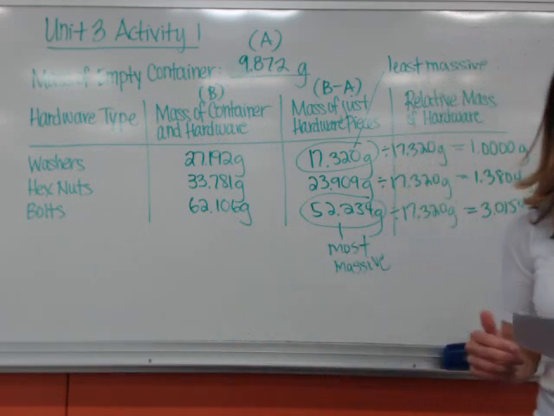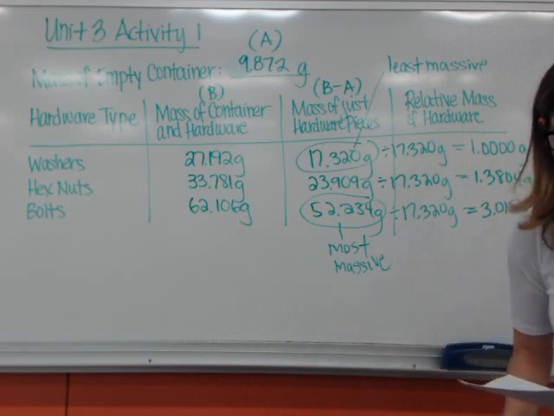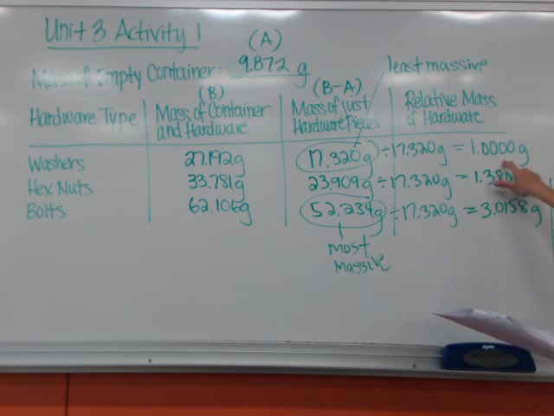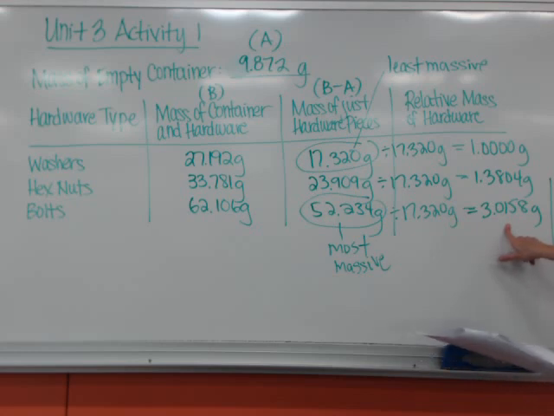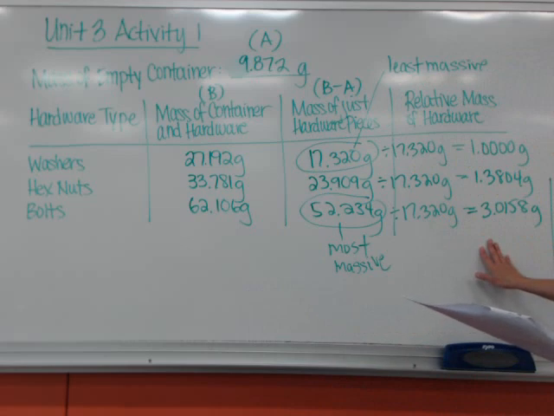But if I get a kilogram of each piece of hardware in a bag, I'm not going to have the same number. So it means I will inevitably run out before I can use everything. So what will likely happen is you will have more washers in a kilogram than you will bolts. So you will run out of bolts, or you will have more hex nuts in a bag than you will bolts, and you'll still run out of bolts because they have a much higher mass. So this is a very bad idea.